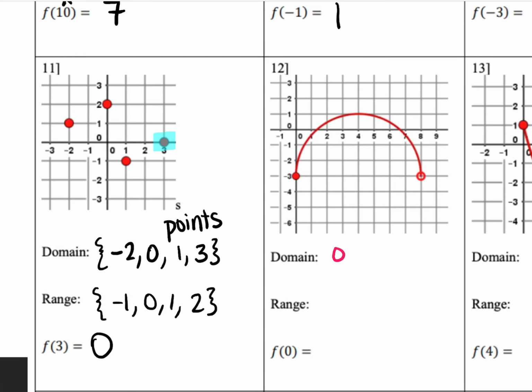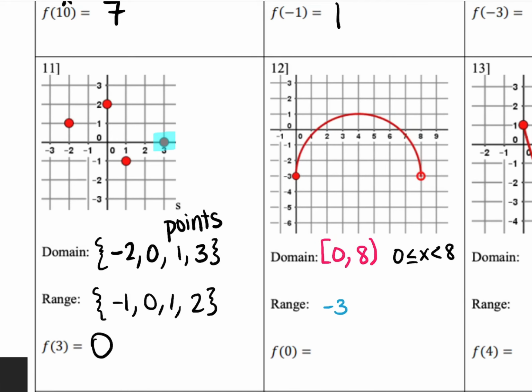So we go from 0 to +8, and since we have a closed circle at 0, we're going to have a bracket, but we have an open circle at 8, so we have parentheses. If we write it in interval notation, we have 0 is less than or equal to x, which is less than 8.